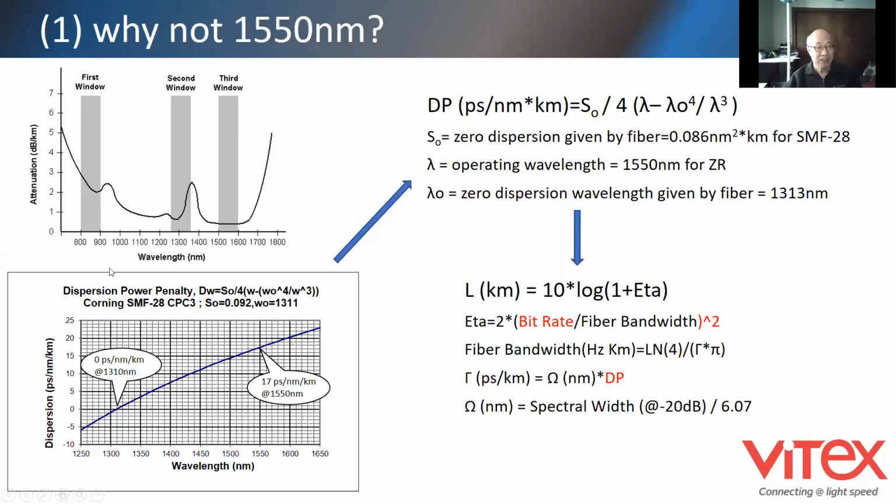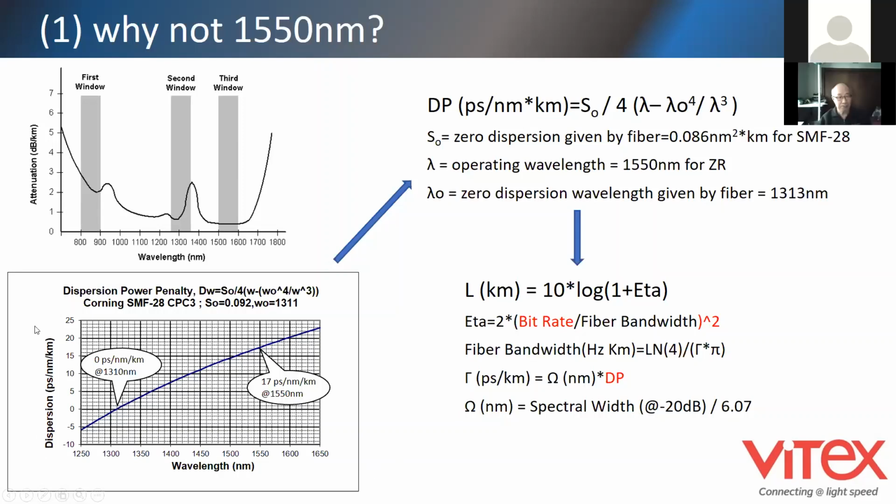And then the next chart is the most important in this regard for the KR-4. It's called the dispersion penalty chart. As you can see, we call it dispersion 0. It's at about 1310 here, but it's not actually 0. It has some finite value there.